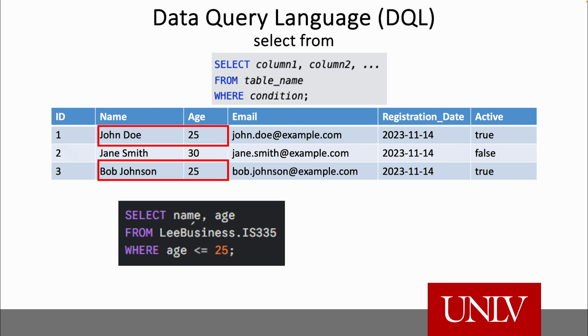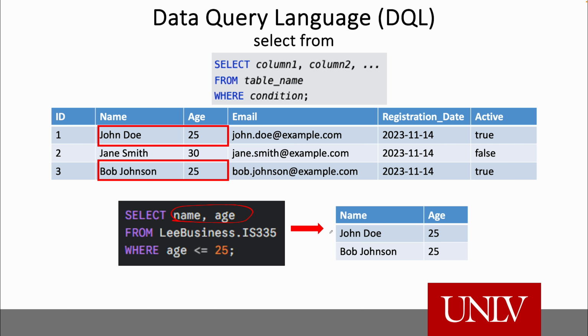As a result, I first filter the age column and select all the ones that meet the condition. And then, since this query selects the name and age columns from the specific table, the query only retrieves the information like this. These are the two records from here, and these are the two columns that we selected using this query.